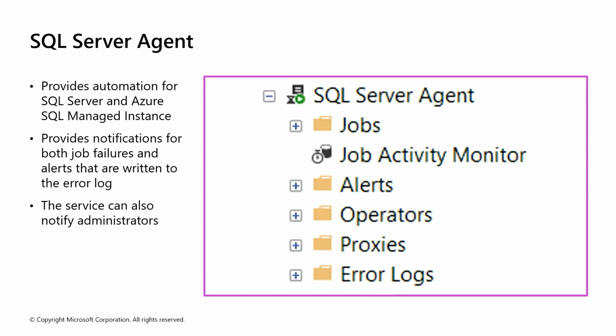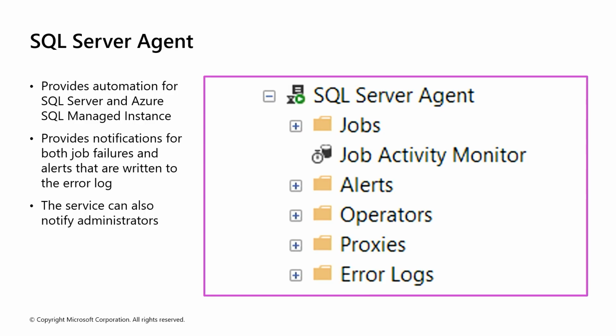It supports flexible scheduling where jobs can run on demand, at set times, or in response to a specific event. For example, you can automate nightly backups across company servers and configure alerts to notify administrators if a job fails. The Job Activity Monitor provides real-time visibility into job status and history, helping DBAs troubleshoot failures and optimize performance.